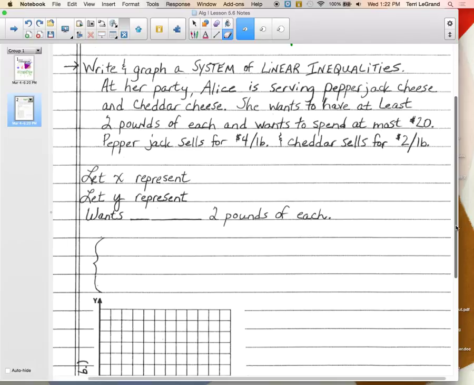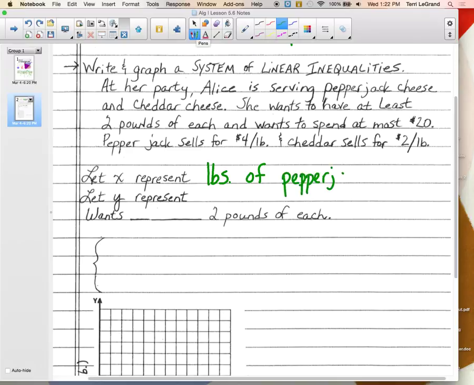That isn't going to change. $4 a pound for pepper jack, $2 a pound for cheddar. So we're going to let X represent the pounds of pepper jack. And would you look down on the graph below? Is that what I chose? Oh, good. Okay. Pounds of pepper jack cheese. And then Y has to represent the pounds of cheddar cheese.